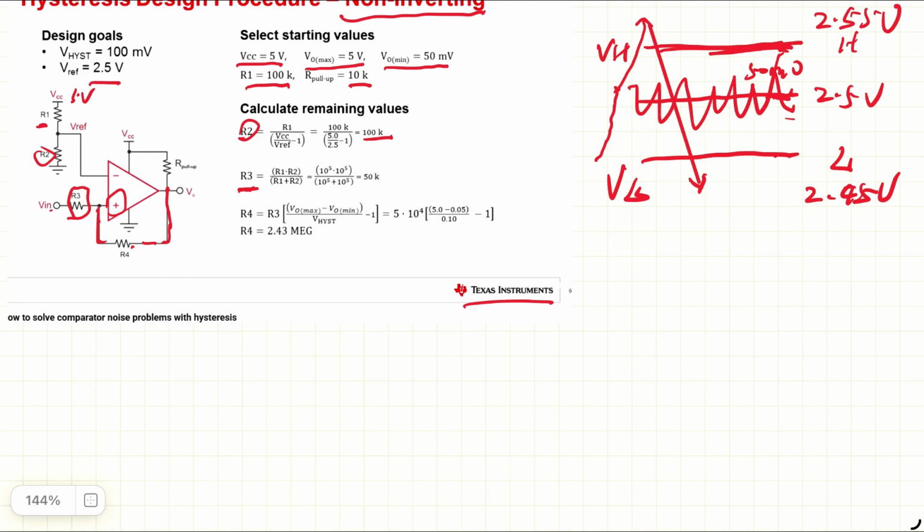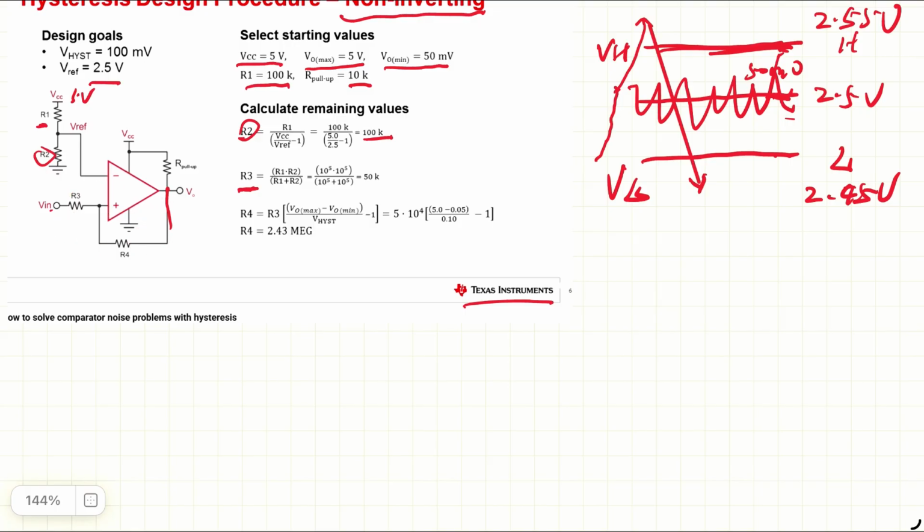In an amplification circuit, positive feedback can cause oscillations and all kinds of bad things that you try to avoid. But for a hysteresis design, we use the op-amp as a comparator, so that's what we really need.